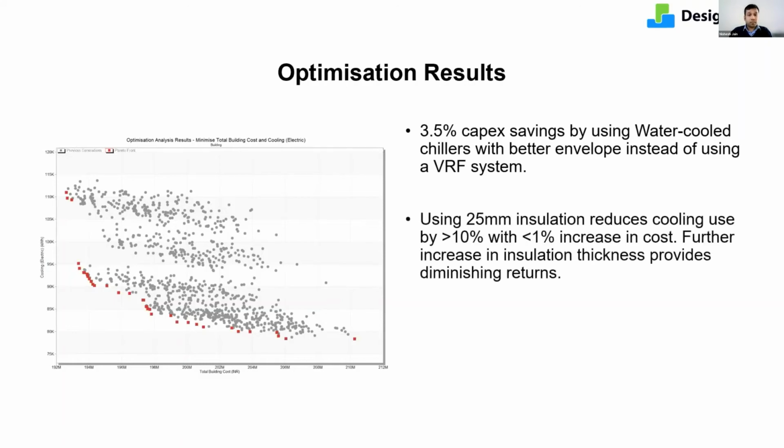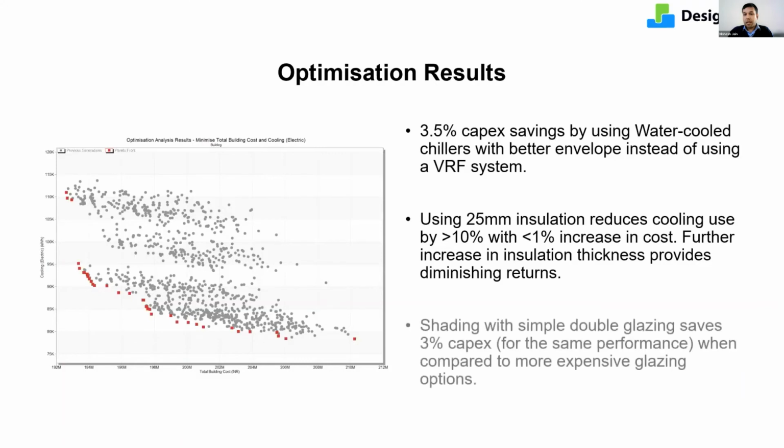Or the effect of adding insulation and thermal mass beyond optimal levels provides diminishing returns. And shading with simple double glazing can save 3% costs for the same performance when compared to only using an expensive glazing solution. And there are more inferences that were drawn, but the intent right now is to show you the process here.